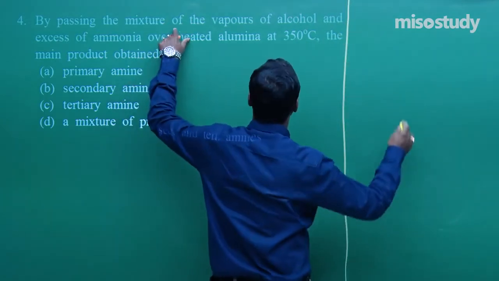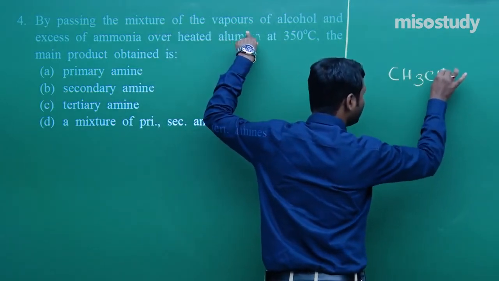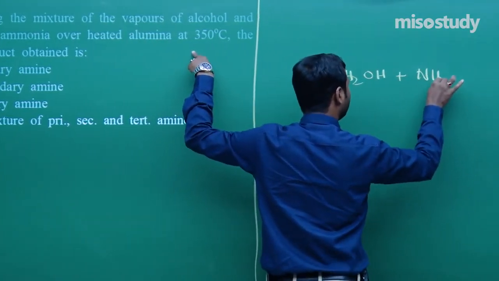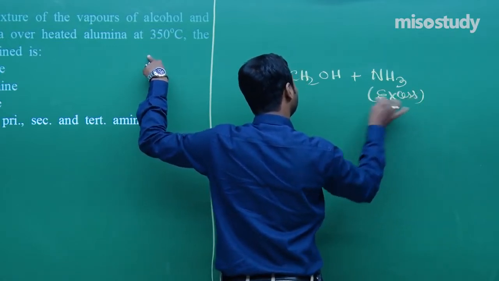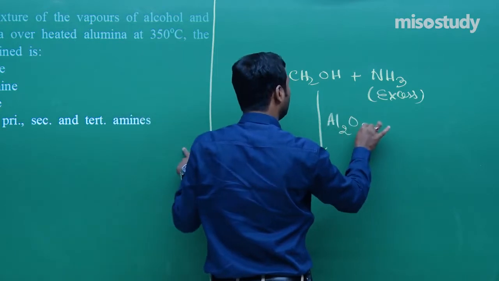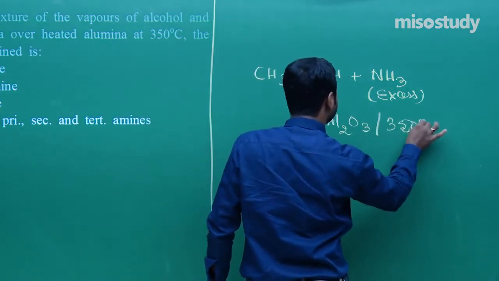If I take alcohol CH3CH2OH and then treat it with excess of ammonia, that is the ammonolysis, then what will happen in presence of Al2O3 at 350 degrees Celsius?